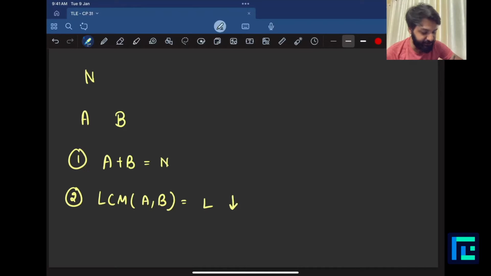And the third condition is a is greater than 0 and b is also greater than 0. So if you are able to find two such numbers a and b which satisfy all these three conditions, and to be very specific, the most important being the second condition, their LCM is the lowest possible, then a and b can be printed and they are a correct answer.